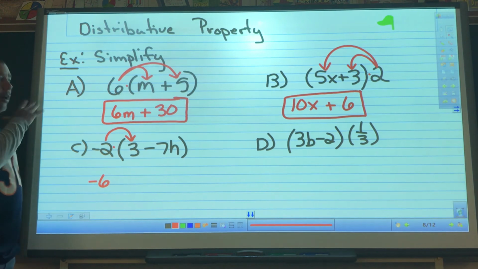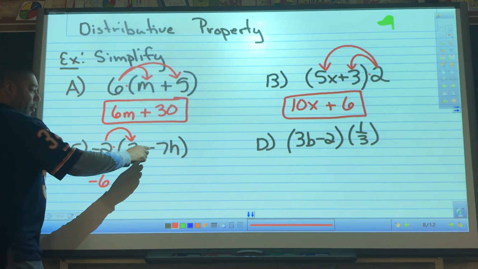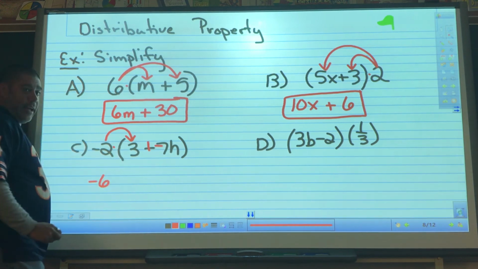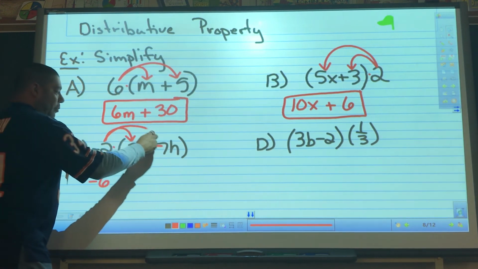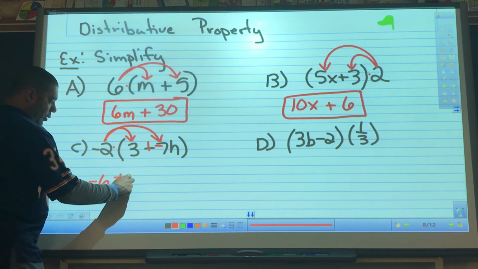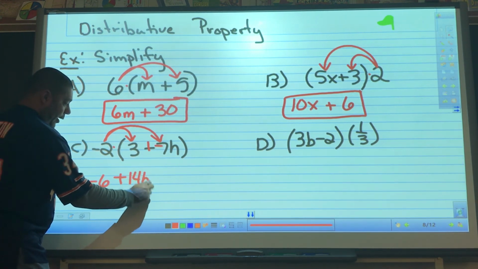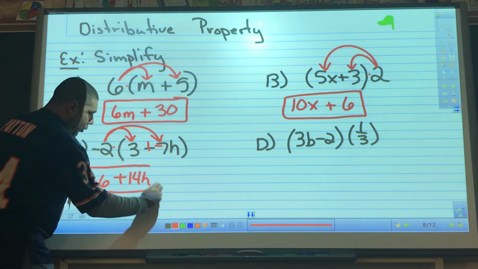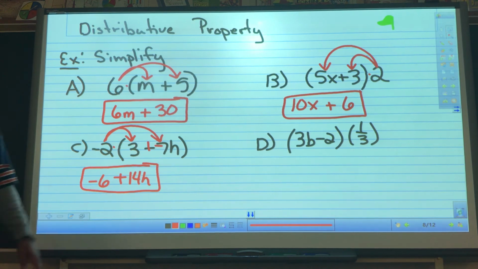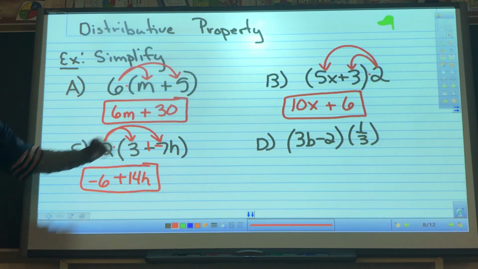And here's where we got to be careful, right here. Remember, this is a negative 7y plus negative 7y. Negative times a negative equals a positive 14y. And many times when we do this problem, I see us write minus 14y. We forget all about the fact that we're multiplying negative times a negative. Be careful.